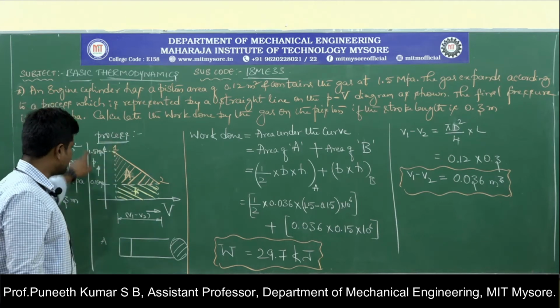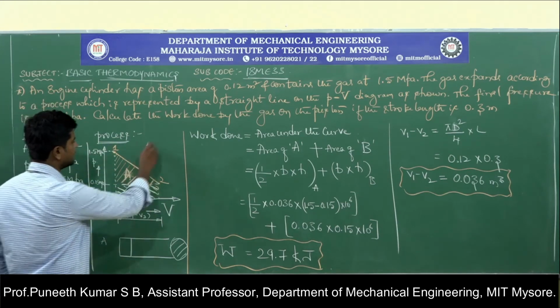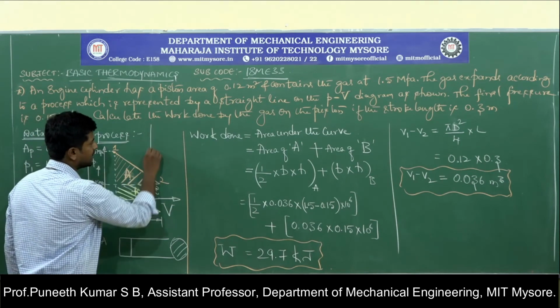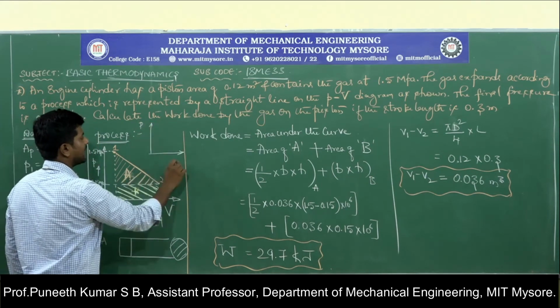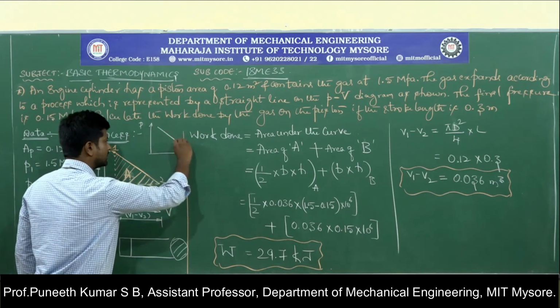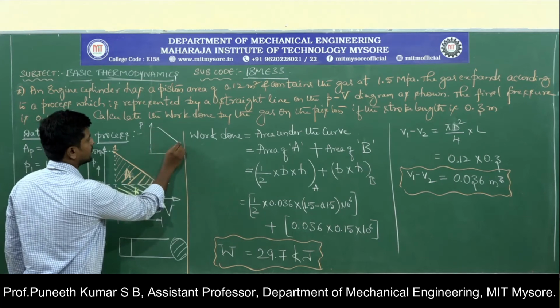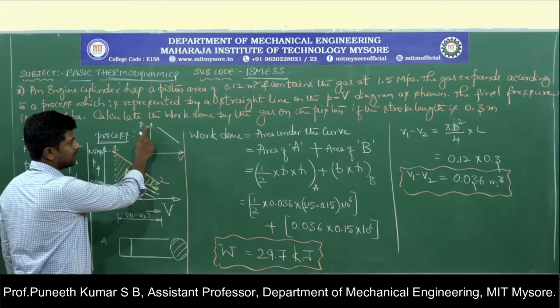It is embedded in the question itself, and we have added the rest of the information. Initially it will be given just like this, a PV diagram with one line mentioned, and there are two pressures available.